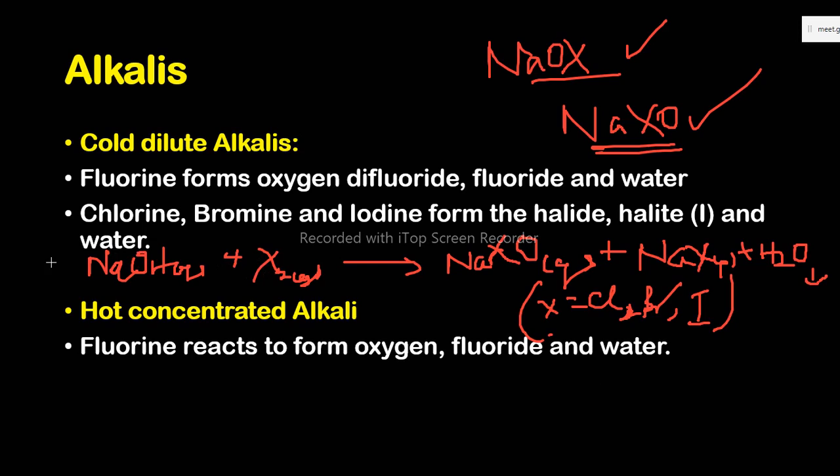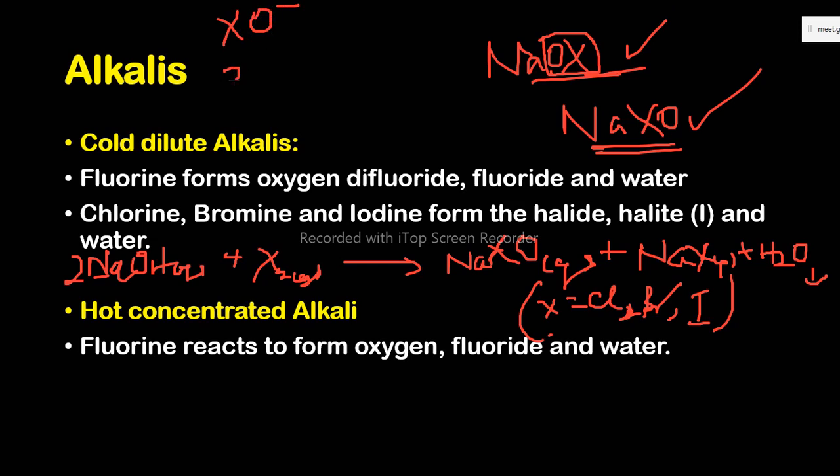I didn't know what halite 1 was. So halite 1 is this one. Because if you calculate the oxidation state of chlorine, it's +1. Let's do it. It is XO with a 1 minus charge.